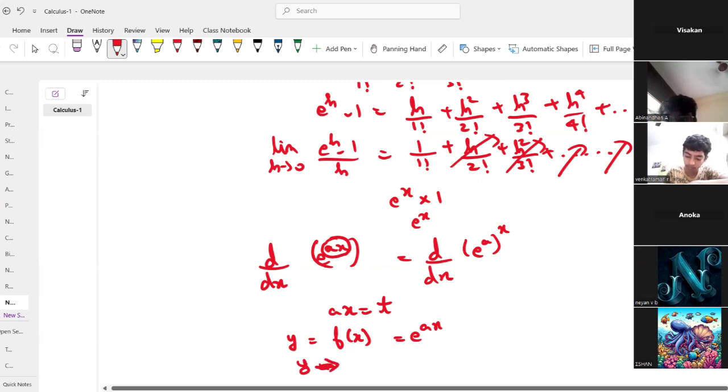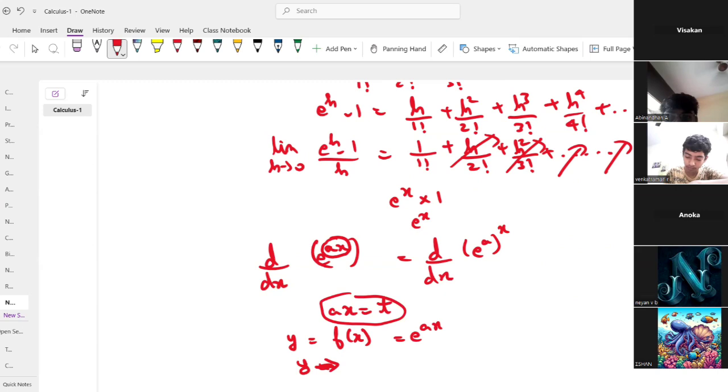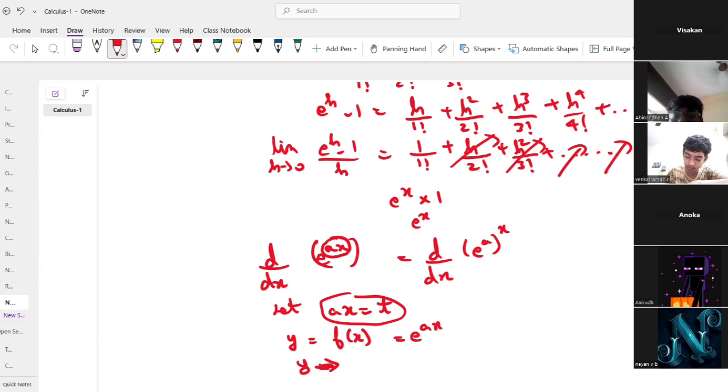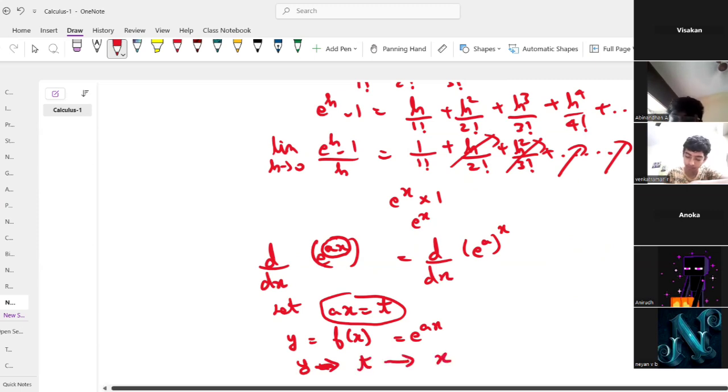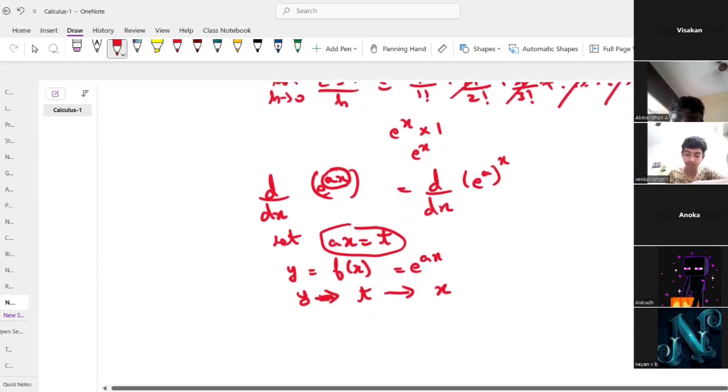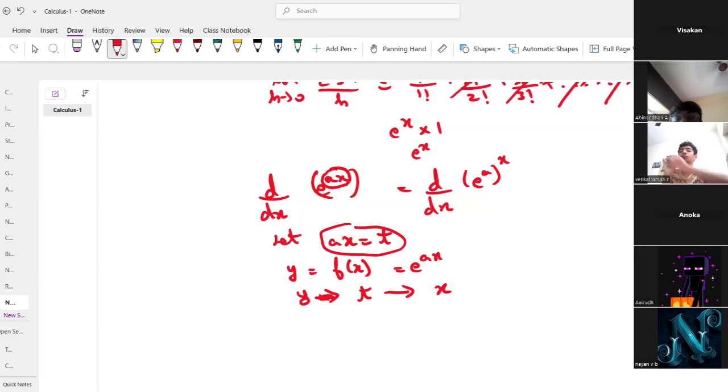What is the in-between variable that you had brought? You had brought t as an in-between variable, but I know t is related to x, isn't it? Yes or no? y is made of e power t, but t is made of x. So that's why we call this a chain.